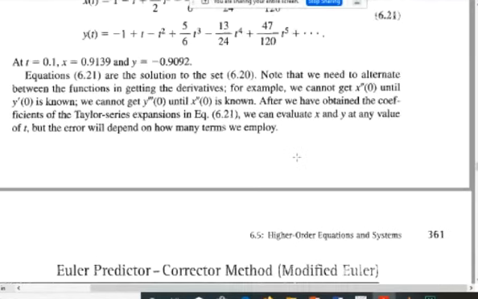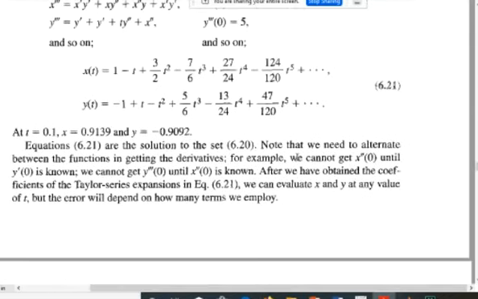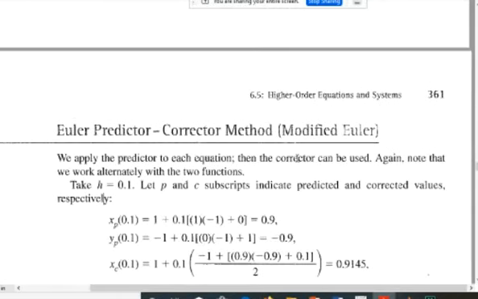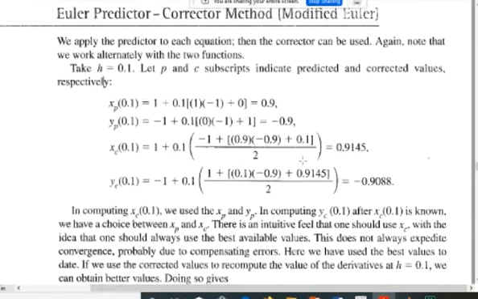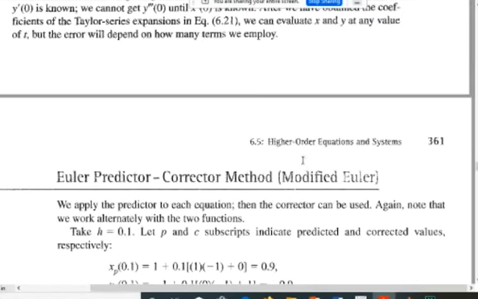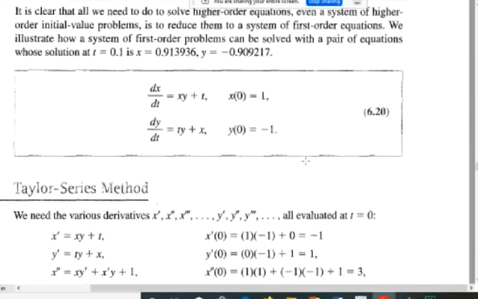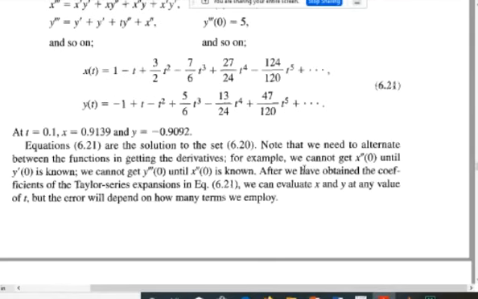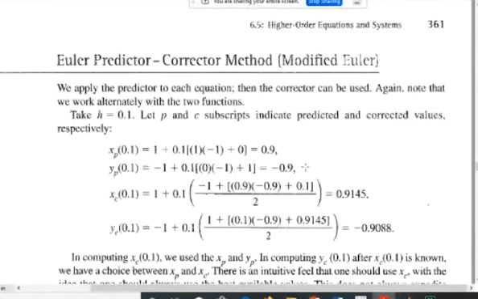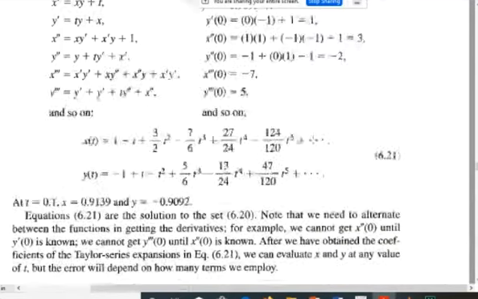The value of x, xy plus t. X at the initial point, x0 is 1, y0 is minus 1.